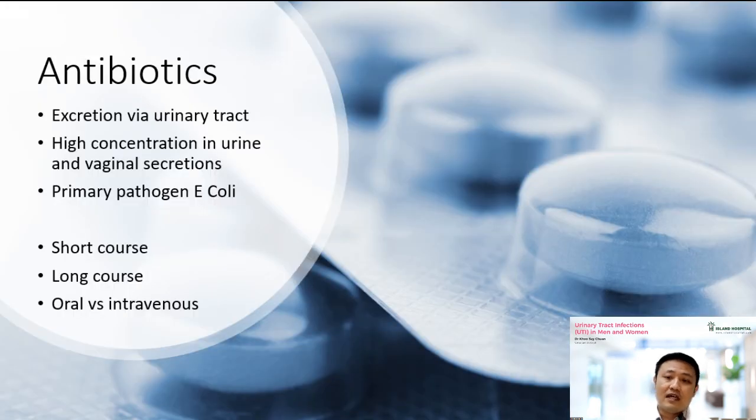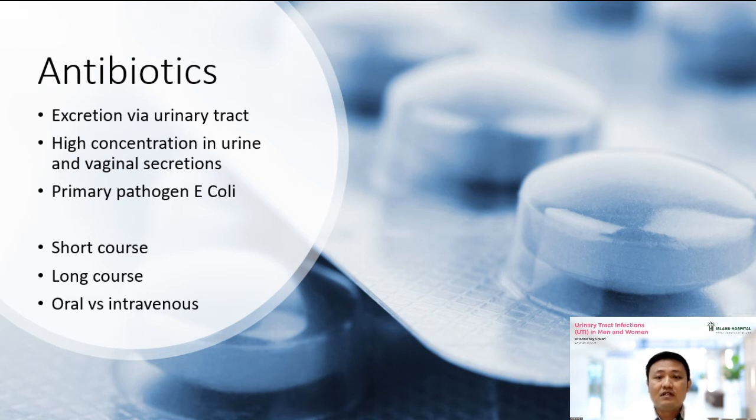Now, antibiotics are the hallmark, the main mode of treatment for patients with urinary tract infections. When you choose antibiotics, we always choose antibiotics that are excreted mainly through the urinary tract, with high concentration in the urine, and that target the primary pathogens that cause urinary tract infections.